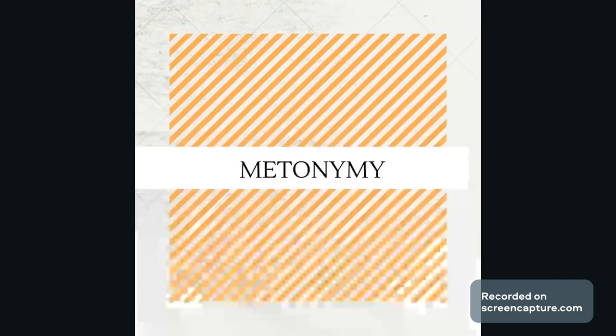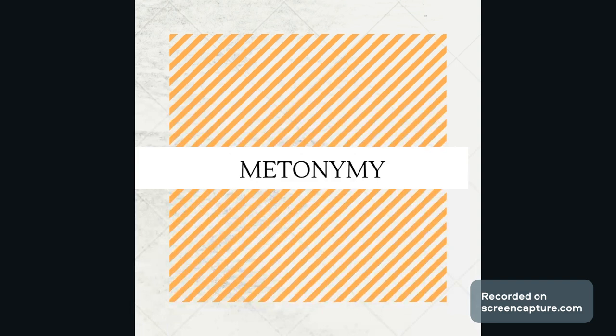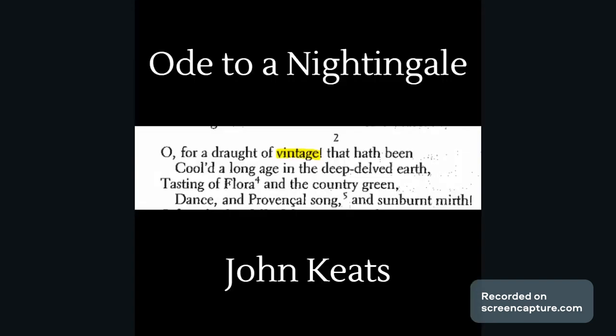Well, now we have the metonymy. The metonymy is when something associated to an object or an idea stands for the idea itself. You have another example here with Keats, in the poem Ode to a Nightingale.